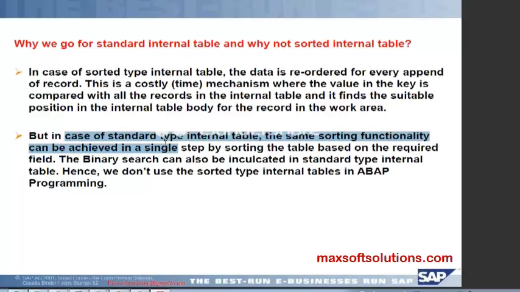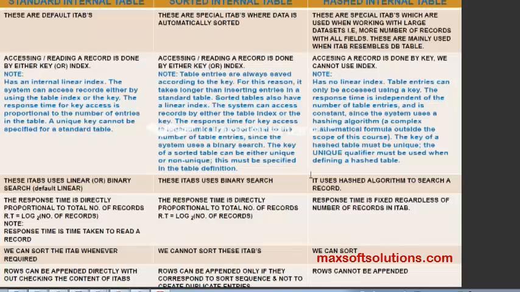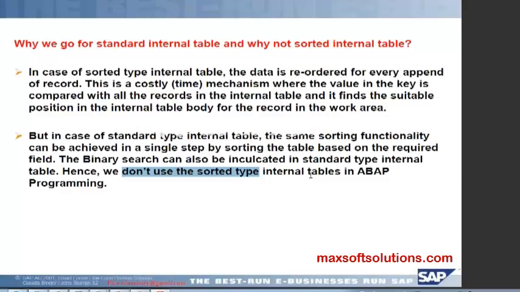But in the case of a standard internal table, the same sorting functionality can be achieved in a single step by sorting the table based on the required field. The binary search can also be used with the standard internal table. Hence, we don't use sorted type internal tables in our program. So do you understand why we go for standard? After appending, every time it will go for reordering the index, right?